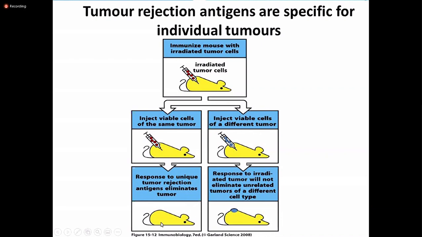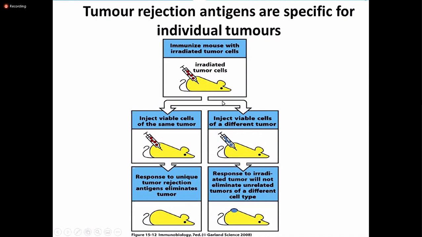So it suggests that by injecting these irradiated tumor cells, you're inducing an immune response such that when you get a secondary challenge with live viable tumor cells, that immune system's able to kill off those cells before they can grow. And from these experiments, it was also established that this immune response was specific for that initial tumor, those initial tumor antigens only.